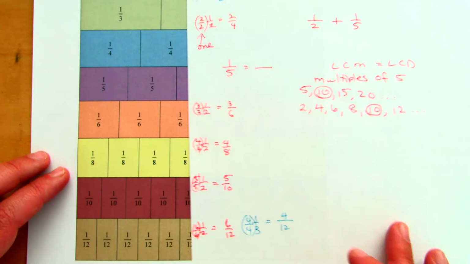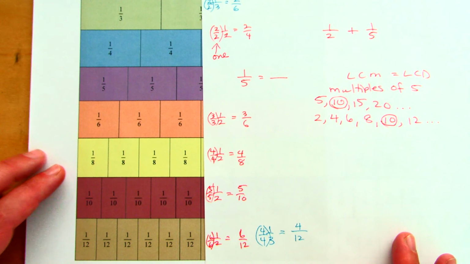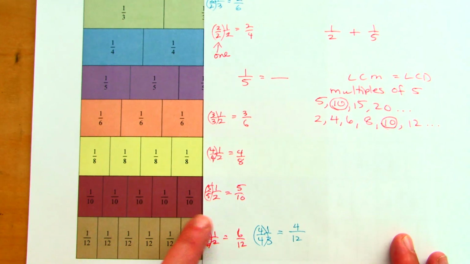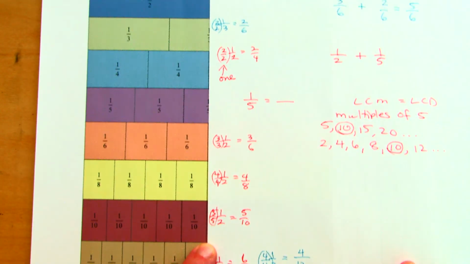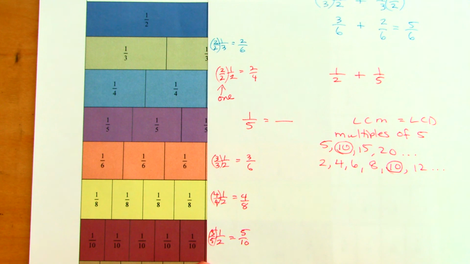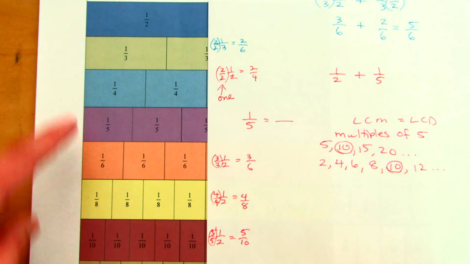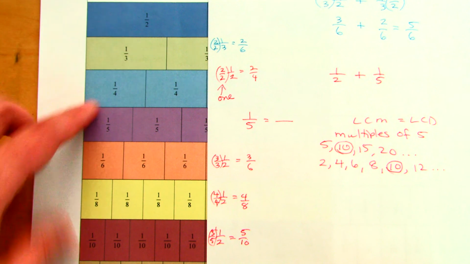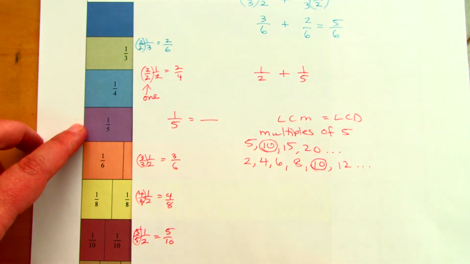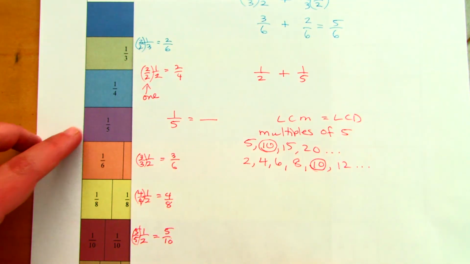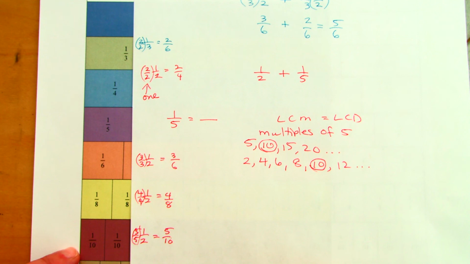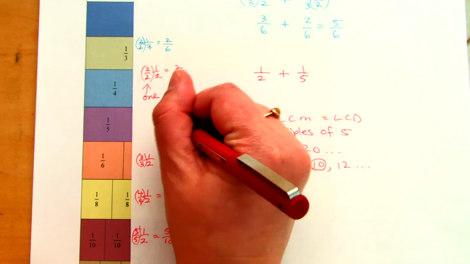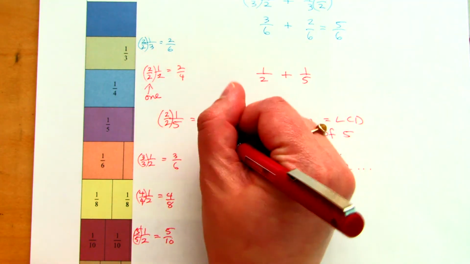So if we look at the tenths, 1/2 is up here, lines up with how many tenths down here? 5. Okay, 1/5 lines up with how many tenths? 2. And that's because we multiply by 2 over 2, 2 tenths.